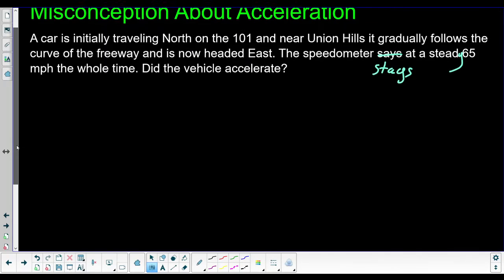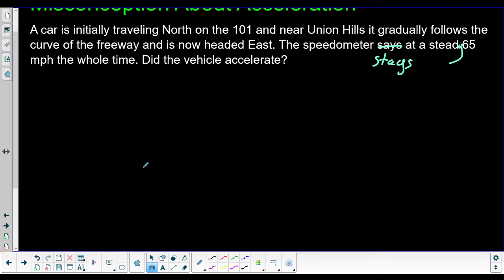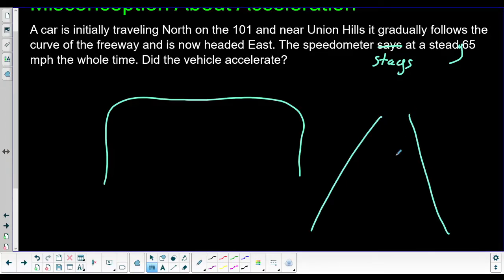So let's draw a little picture to really illustrate what we're talking about here, right? If you're familiar with the greater Phoenix metropolitan area, there's a freeway called Loop 101, and it does, I don't know what it does really down here. It does some stuff, but over here's where we're talking about. So you're cruising along the highway in your car.